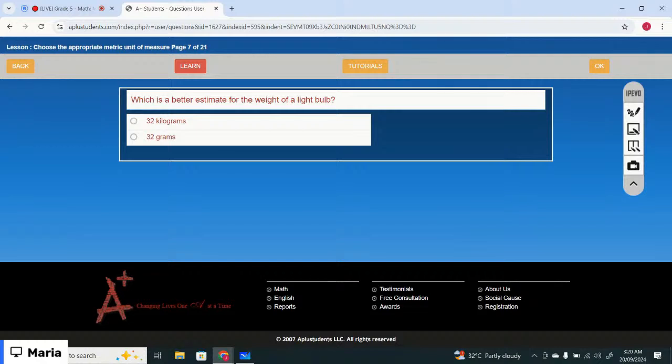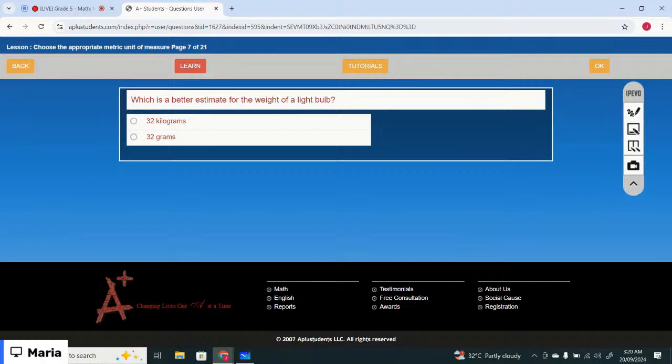You just have to understand the concept of the units here. Just look at this example: which is a better estimate for the weight of a light bulb? We are given two options, 32 kilograms and 32 grams. Grams is a smaller unit and kilograms is a bigger unit, right?